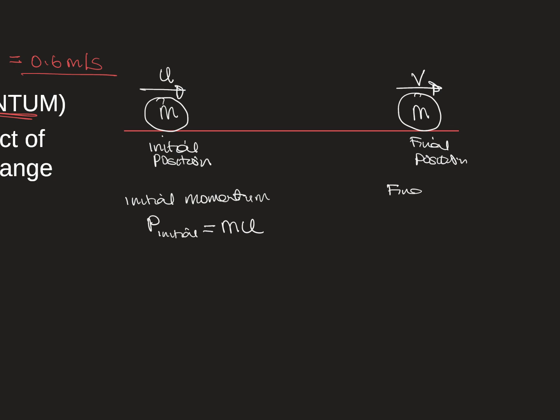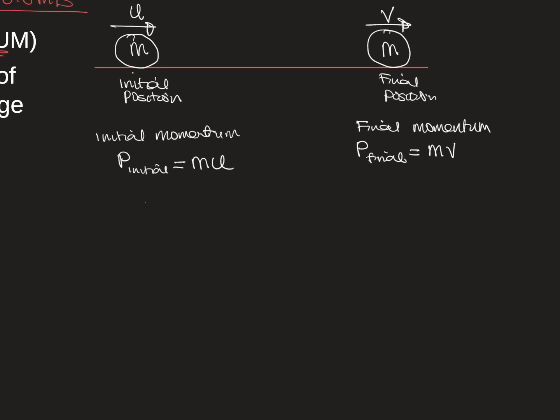The final momentum, P final, will be the mass times the final velocity. So the change in momentum, delta P, is P final minus P initial, that is the final momentum minus the initial momentum.